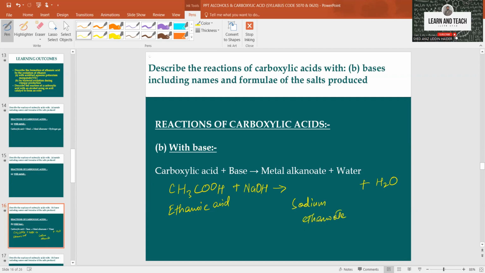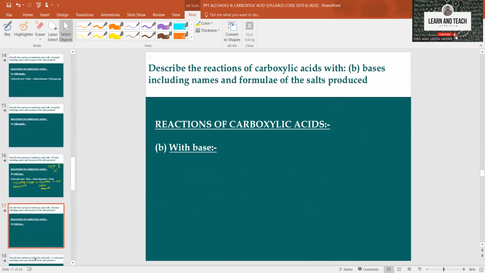Sodium belongs to group 1, so the valency of sodium ion will be +1. And as I've already told you, just remove the H from carboxylic acid, you will get CH3COO. So the charge will be -1. Ignore the charges. Final formula will be CH3COONa.